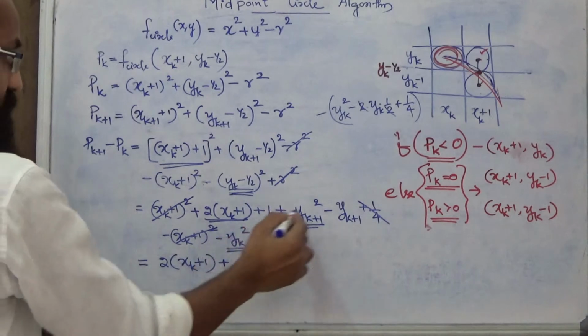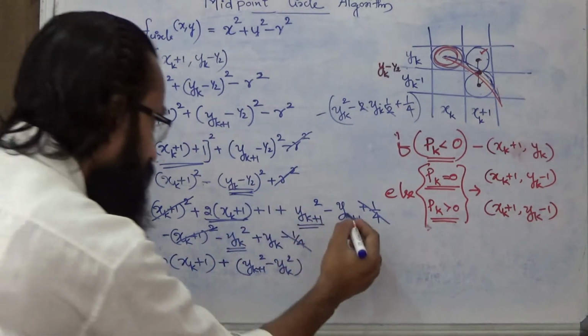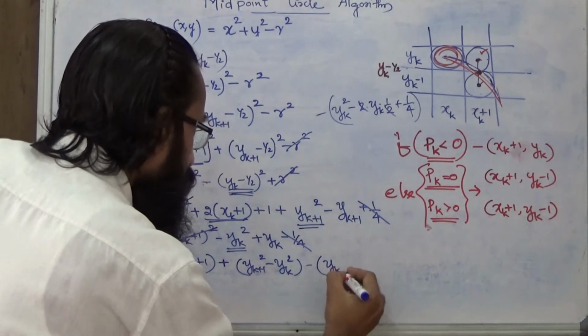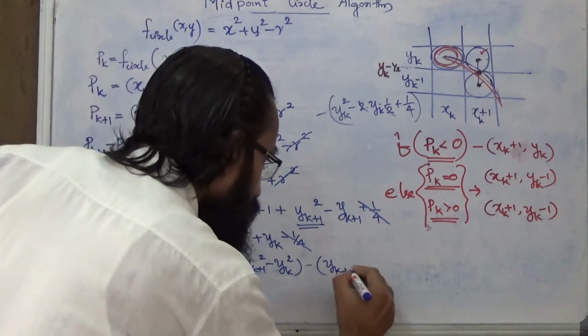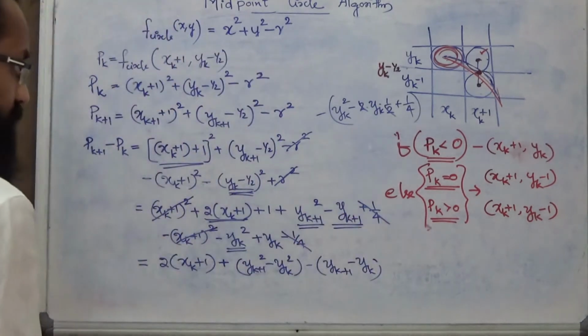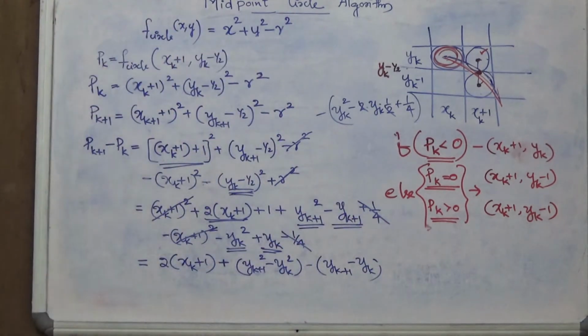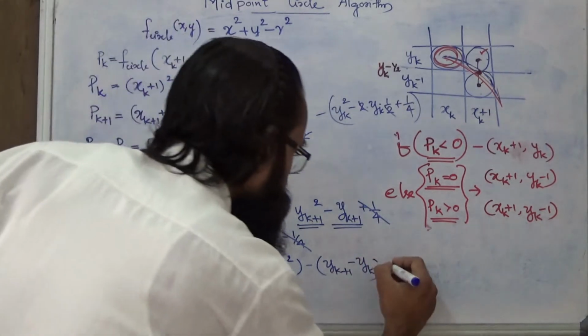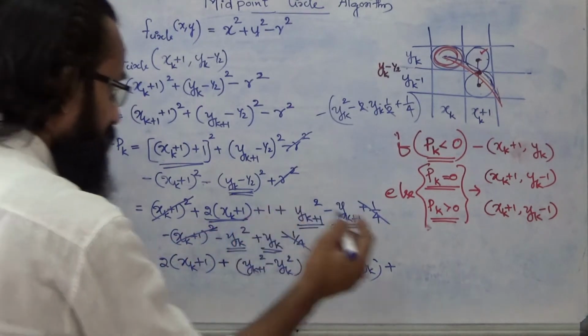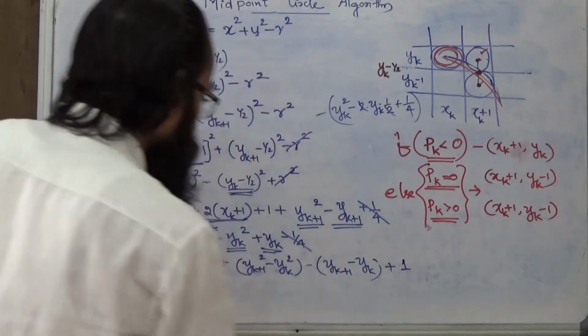I have combined these two terms. Now you can combine these two terms, minus (yk + 1 minus yk). So I have combined minus (yk + 1) and yk. I have taken minus 1, my minus outside. This plus, now we are having 1 here.